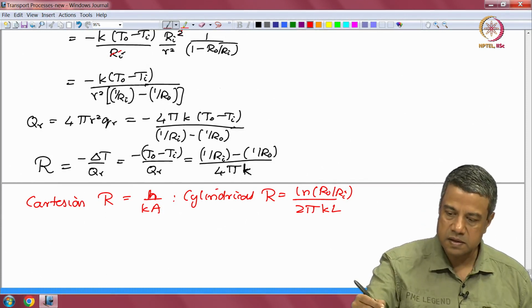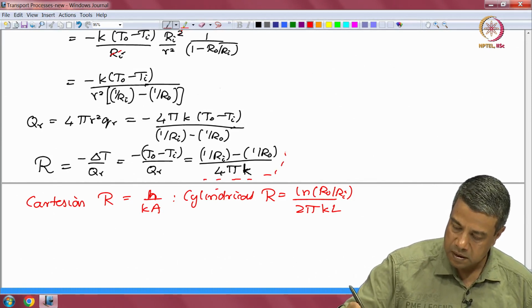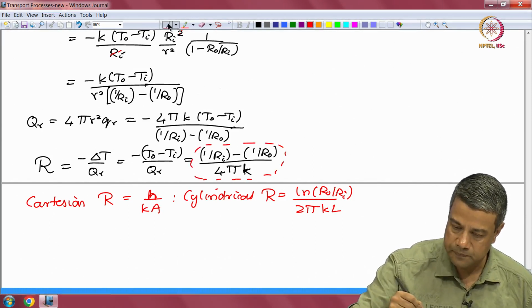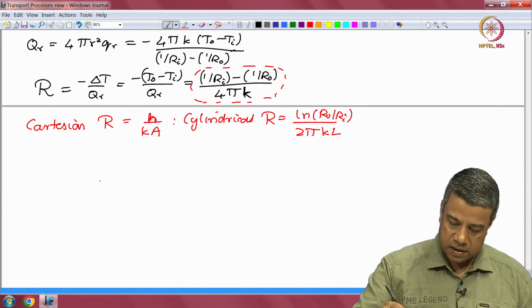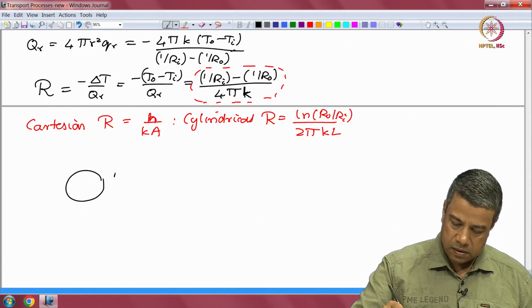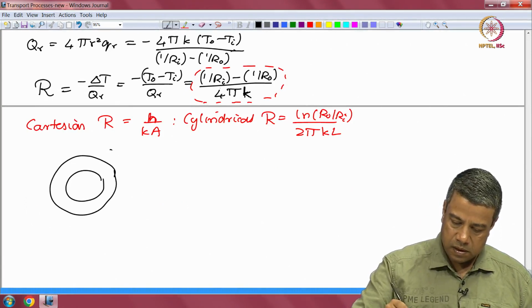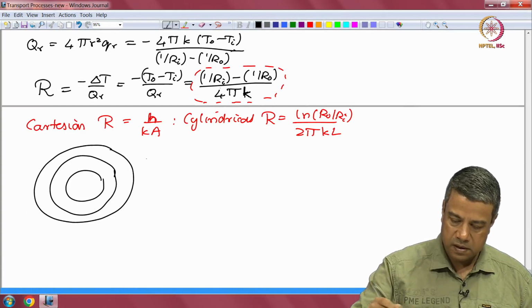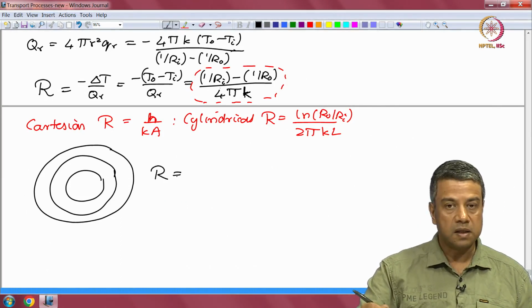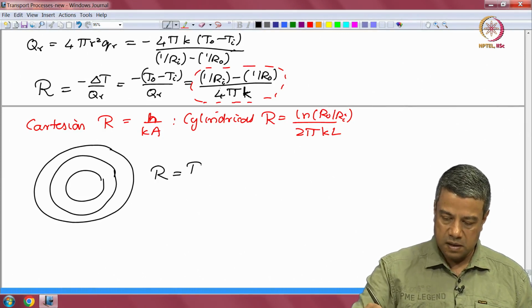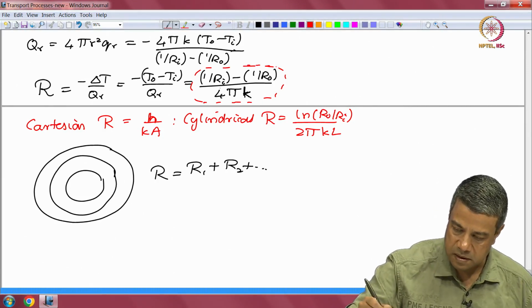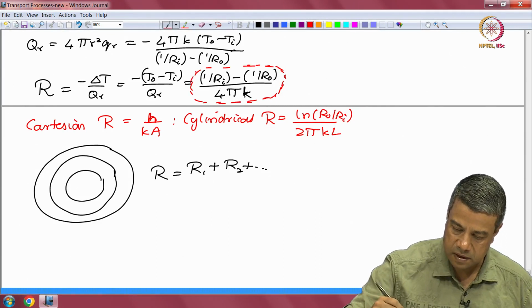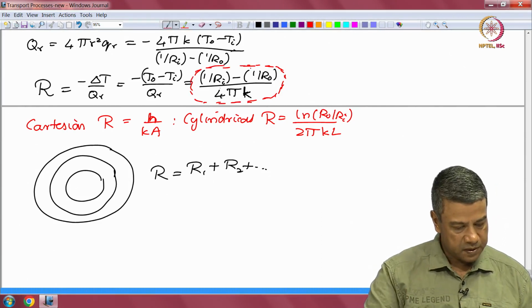For a sphere, this is the heat transfer resistance. And if I have multiple spherical shells with different heat transfer resistances, the total resistance in this series configuration is just going to be equal to R1 plus R2 plus etc., where I will use this expression for the heat transfer resistance for conduction in multiple shells.